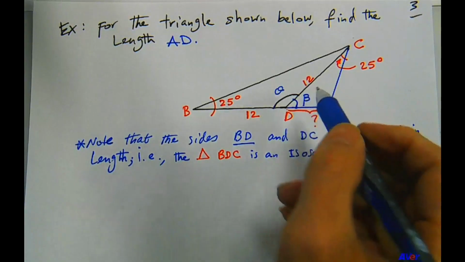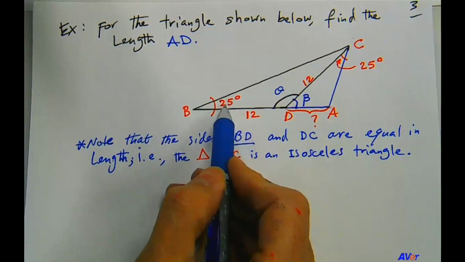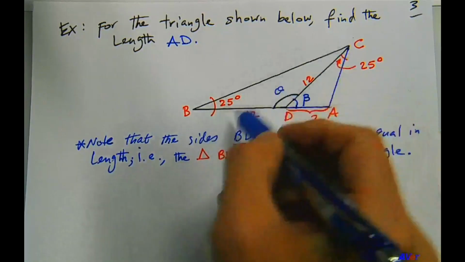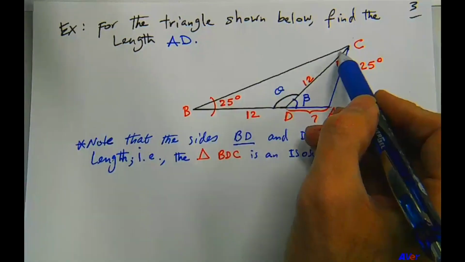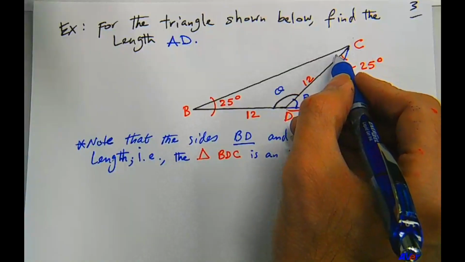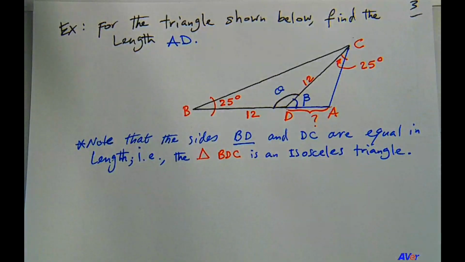Okay? Because of that, for any isosceles triangle, if this angle is 25, whatever this angle is, the other one opposite to it should be equal. So we know that that angle is also 25.